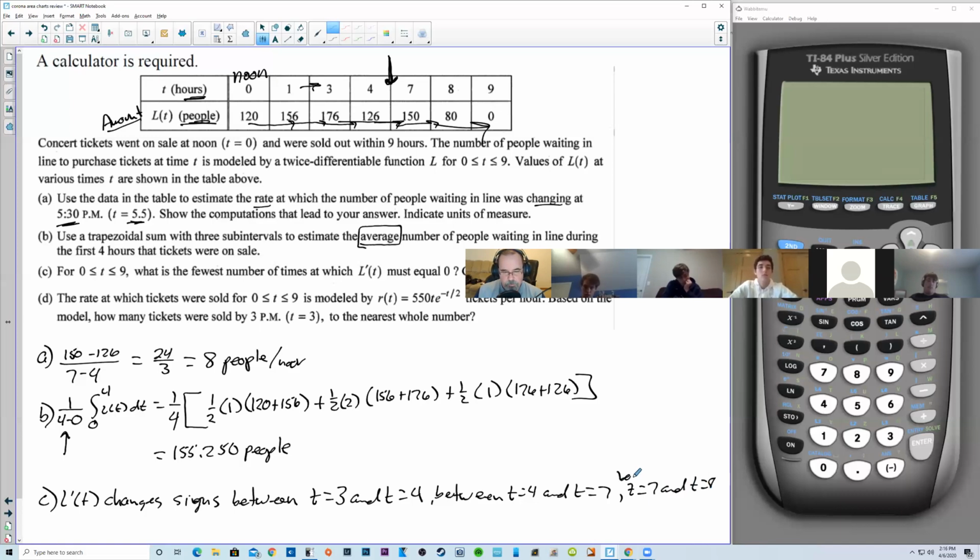I suppose I should put between those also. And we can say by the intermediate value theorem, L prime of t equals 0 at least 3 times. So we give some sort of reason for why we think it's 3 times.